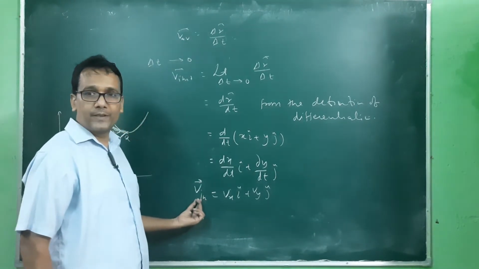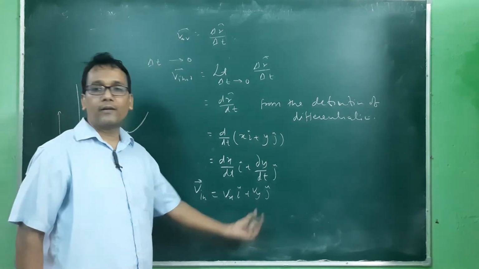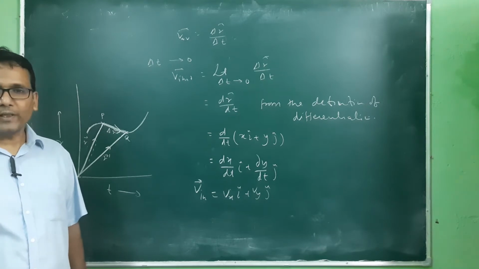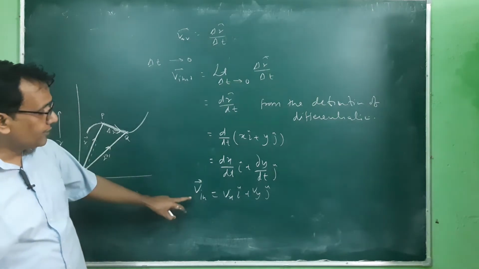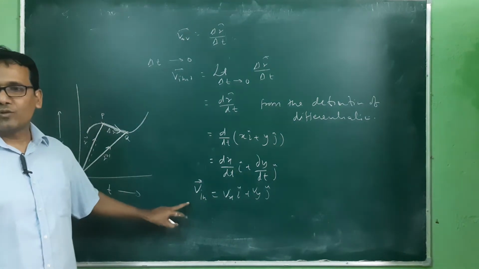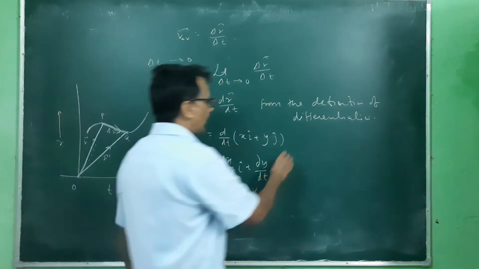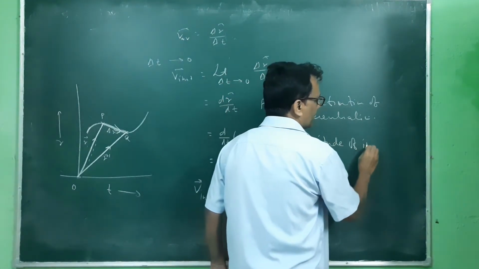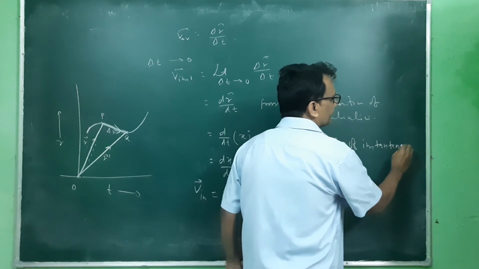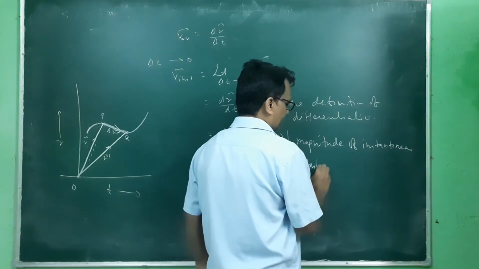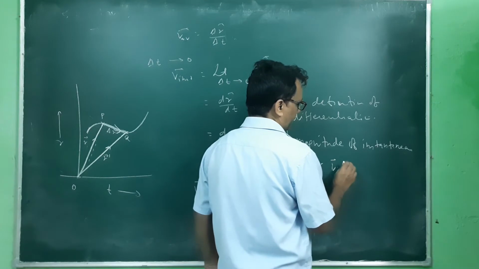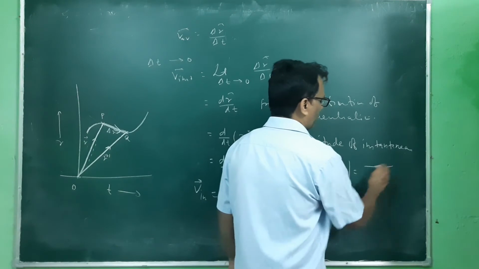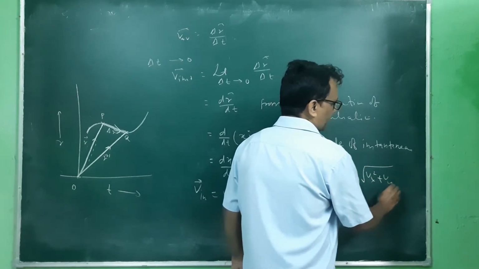Here we represent the vector, but these are just the components along the x-axis and y-axis, so vx and vy. Again, this instantaneous velocity is in the vector form, so we have to find the magnitude. The magnitude of instantaneous velocity, in the form of mod, is equal to root of vx square plus vy square.